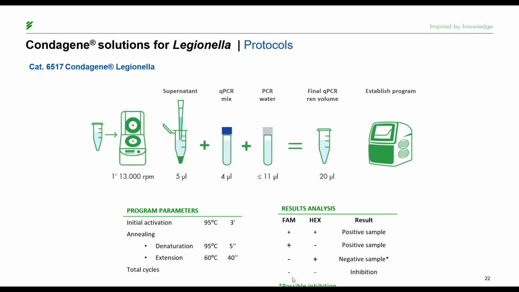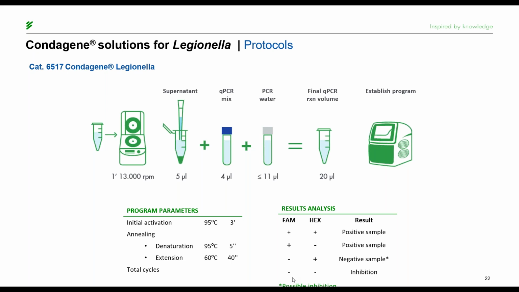And then again, the same compounds, qPCR mixture and water, but instead of the sample, 5 microliters of water, that is more water, for the negative control. With all these reagents loaded, we proceed to add our program in our equipment, every step with its temperature and time and number of cycles.